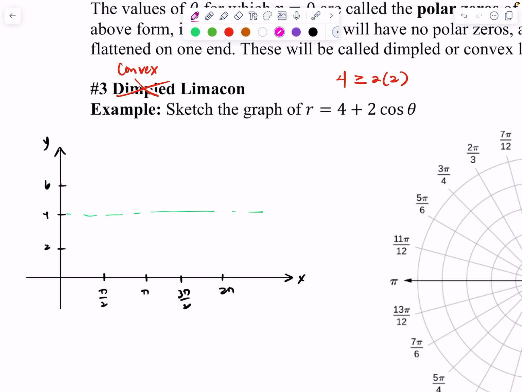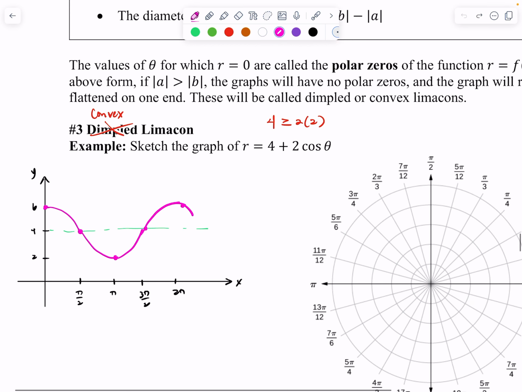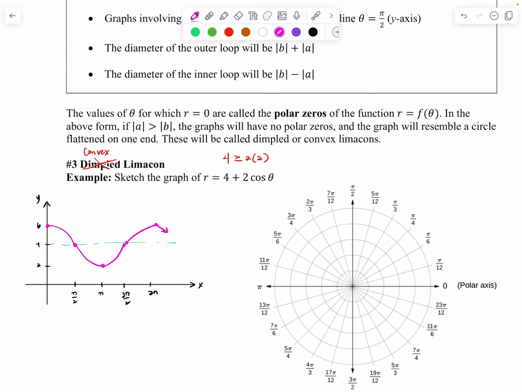Okay, this is cosine, so we again start high, pass through the midline, go low, finish high. Oops, my graph's a little off, but that's okay. Maybe it's not okay. Here, we'll fix it. Okay, that's a little better.